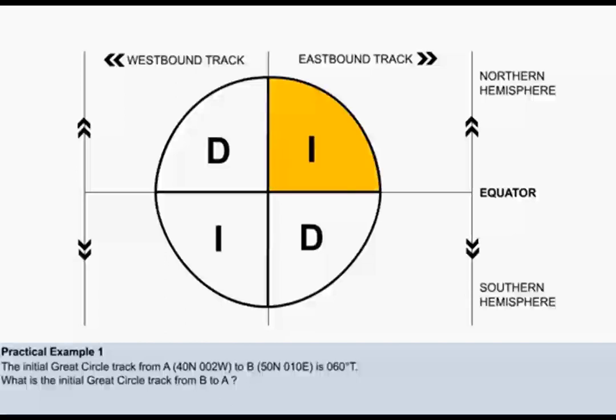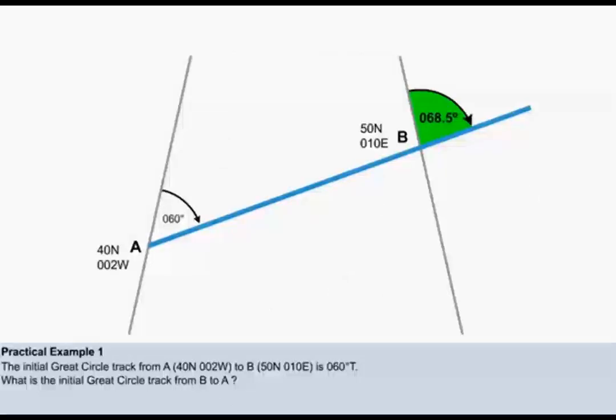The track angle will increase. That makes the track at B 068.5.